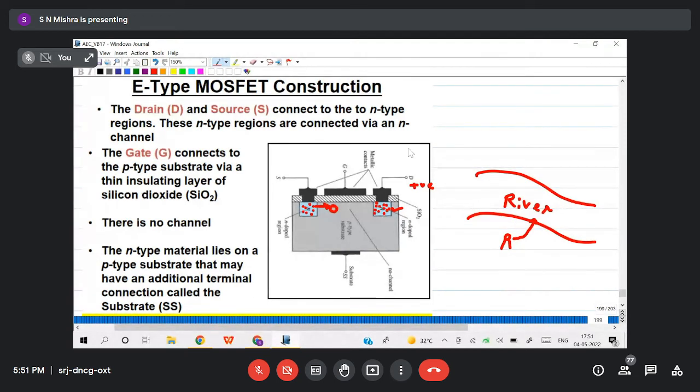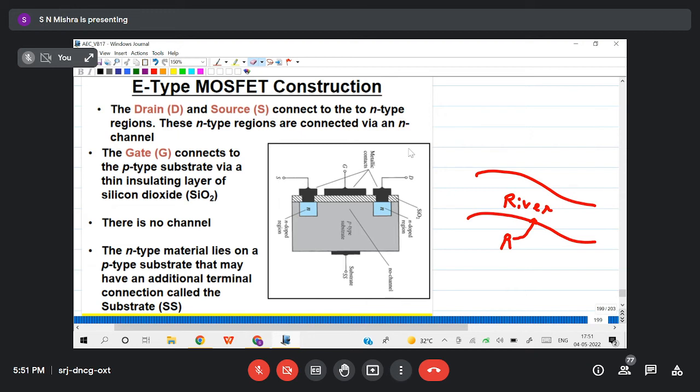On this side electrons are present, and on this side electrons are present, but they cannot move from this side to this side because in between a pool of holes is present. So what will I do to create the channel? Or you tell me what is the solution so that even if the channel is not present, the electrons will move from source to drain?